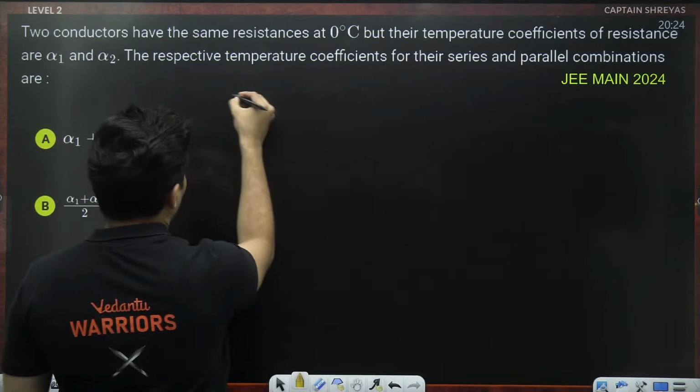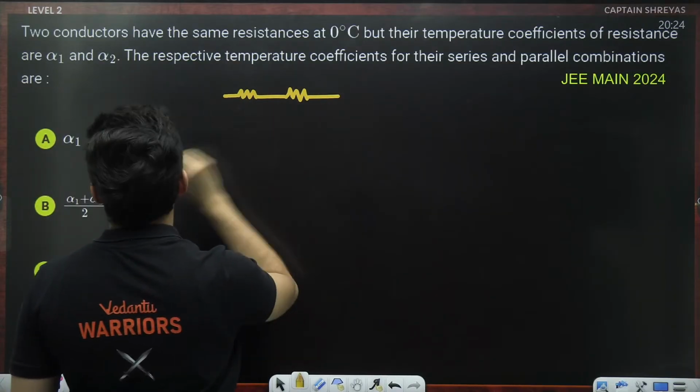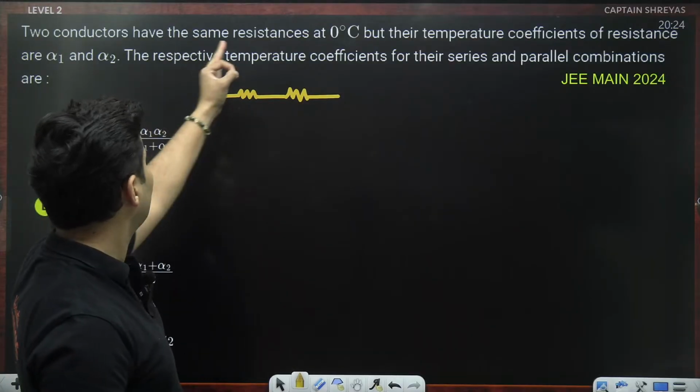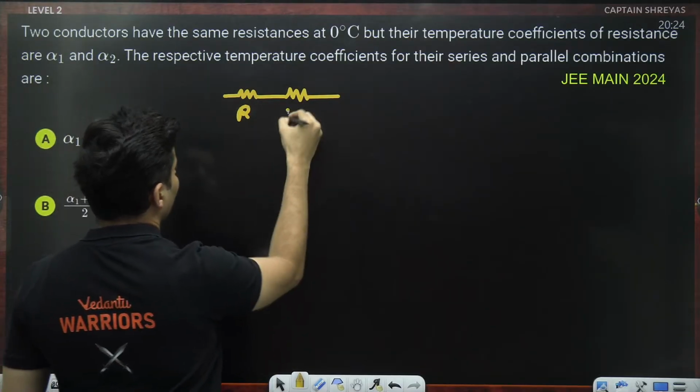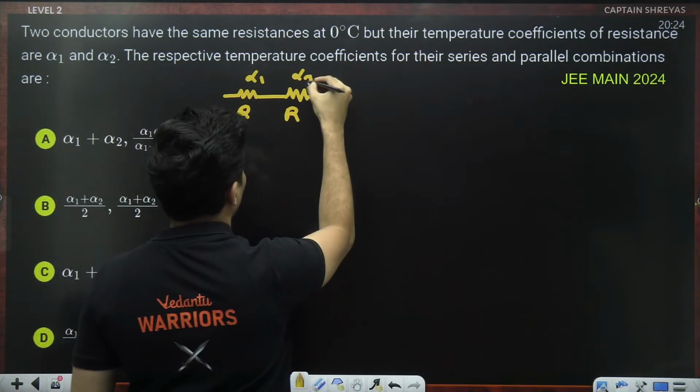See, if the resistors are in series, if the resistors basically are two conductors have the same resistance, this is R, this is also R, but their coefficients are different. This is alpha 1, this is alpha 2.